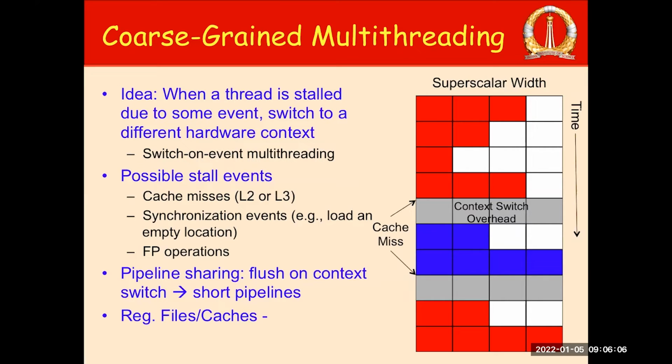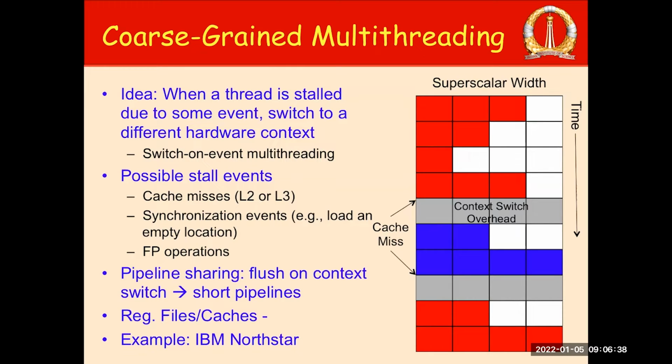For example, when you support fine-grained multi-threading, you could actually share the pipeline, and different instructions from different threads can coexist in the pipeline. It so happened that in the case of coarse-grained multi-threading, they wanted to make sure that the pipelines are completely flushed before you move on to the other thread. One example of this coarse-grained multi-threaded architecture is the IBM North Star architecture.